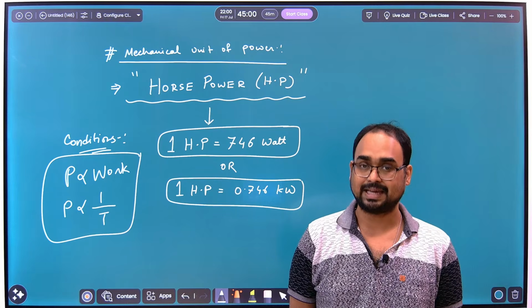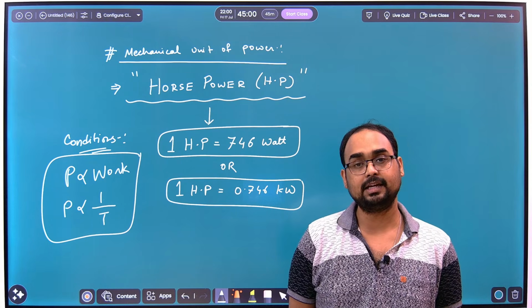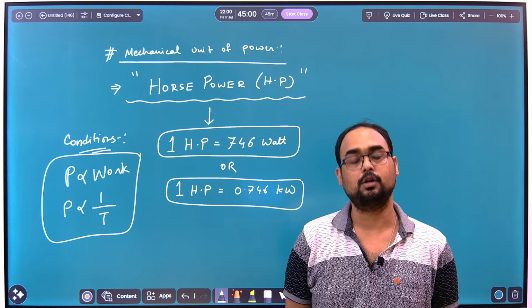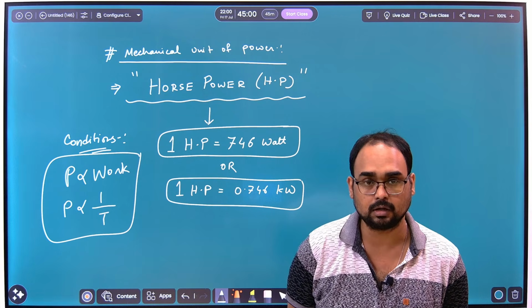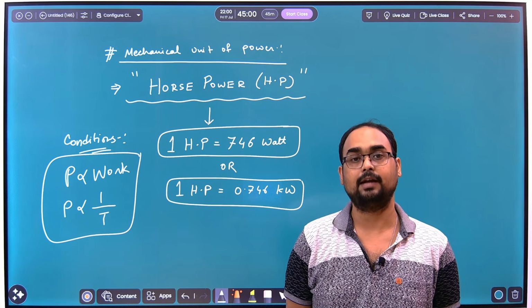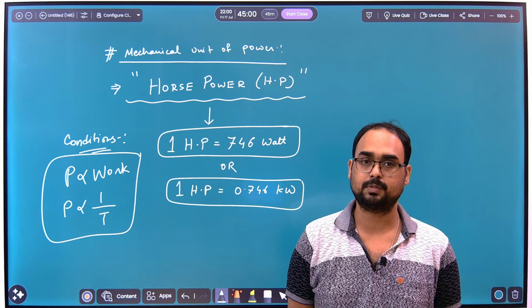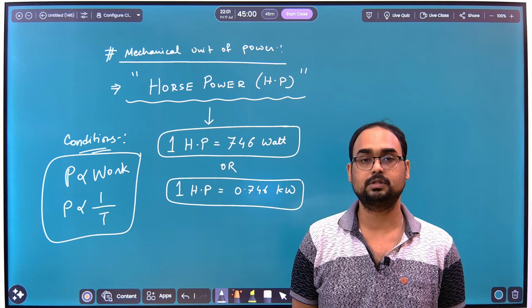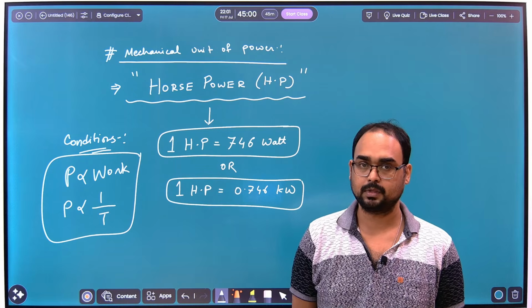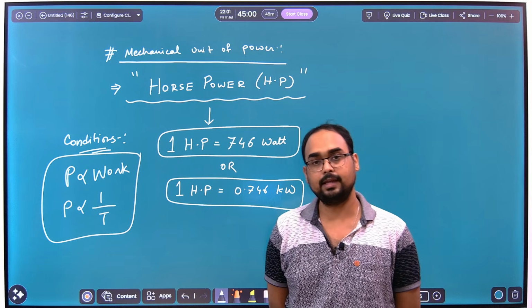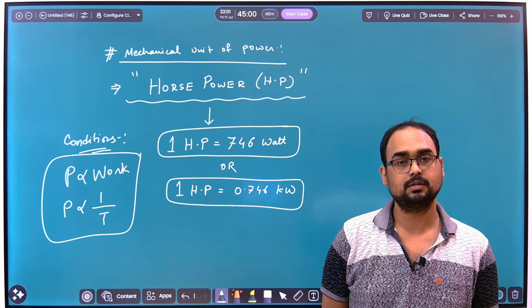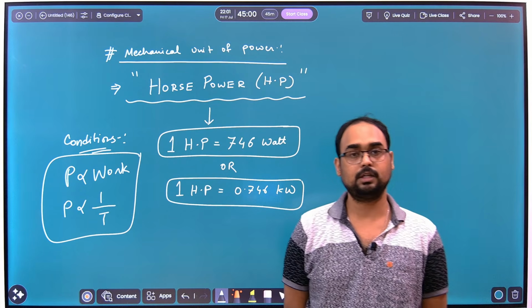It is the mechanical unit of power. What is the unit change? 1 horsepower is 746 watt, and 1 horsepower is 0.746 kilowatt. Okay, again, the difference between work and power is force into displacement and force into velocity.